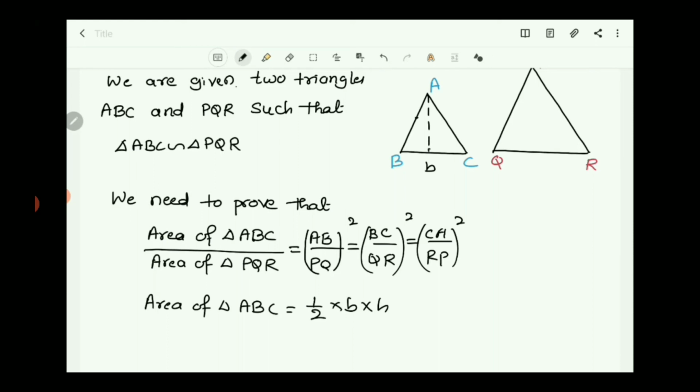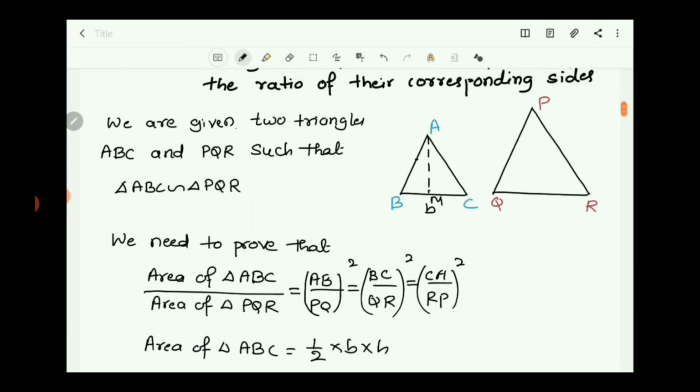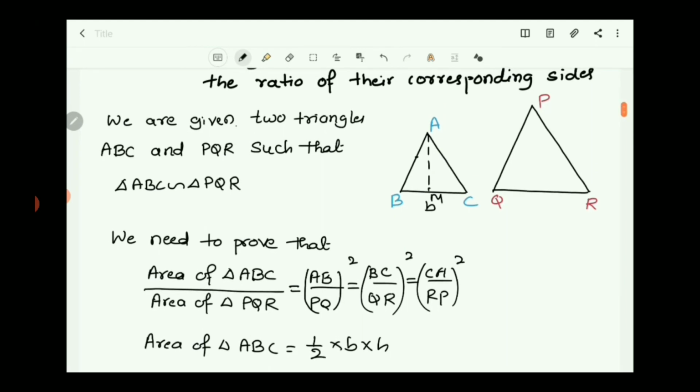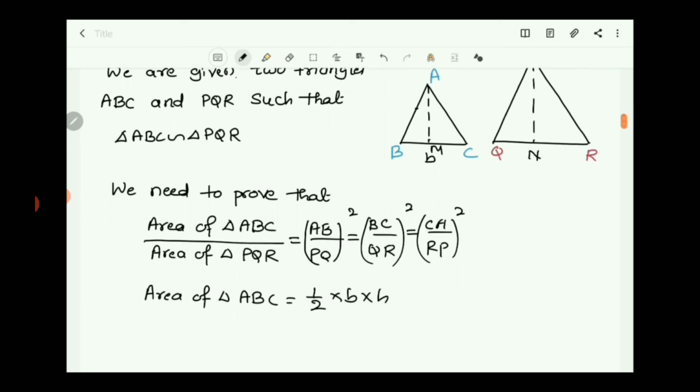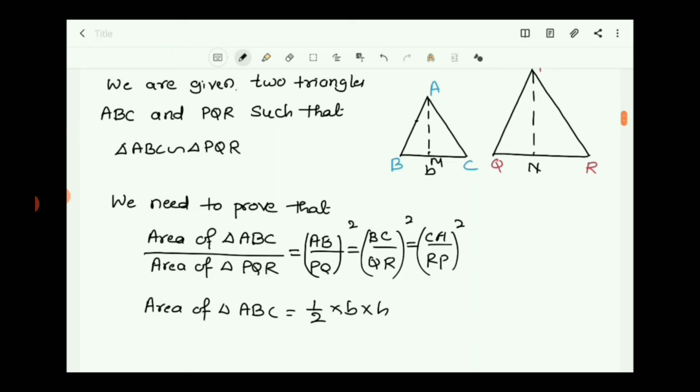Let us have AM as the altitude, and for triangle PQR let us have PN as the altitude. For triangle ABC we have taken the base BC and the altitude AM. So half into base into altitude, that is half into BC into AM.